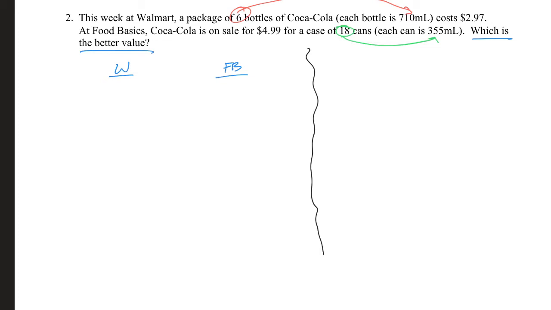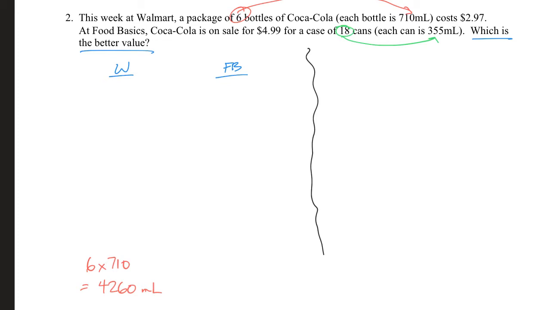So I need a quick little calculation. On the bottom, I need to find out how many total milliliters I get at Walmart. If I multiply my 6 bottles times my 710 milliliters, that gives me 4,260 total milliliters.